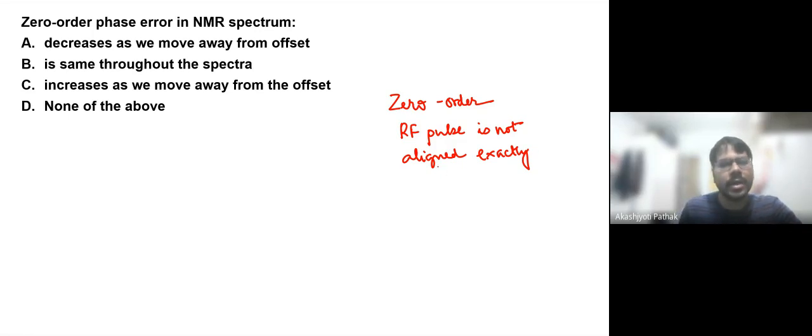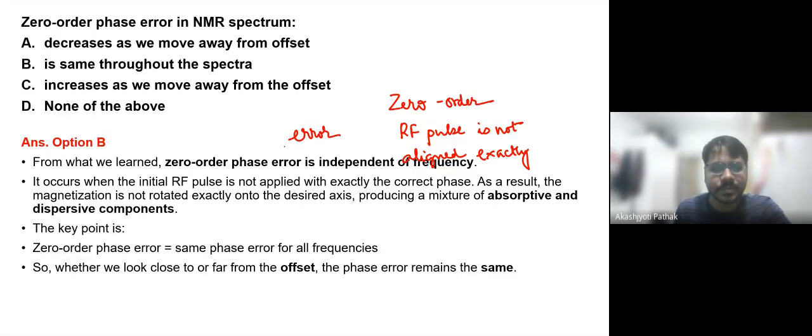In that case, all the samples will have the same error, independent of the frequency. So zero order phase error is the same throughout the spectrum. The answer is option B.